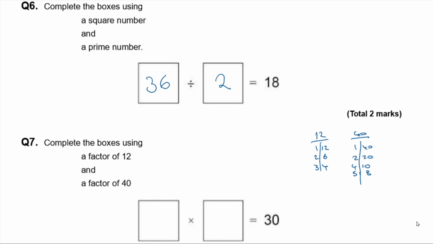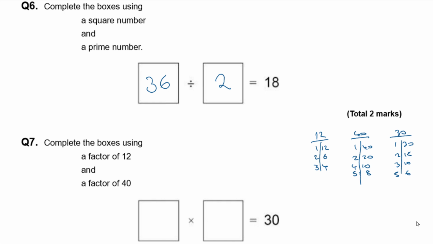So I need to pick one number from each, so I'm going to get 30. Factor pairs of 30. I've got 1 and 30, 2 and 15, 3 and 10, 4, no, 5, yeah, 5 and 6. So can I pick one of those from each?